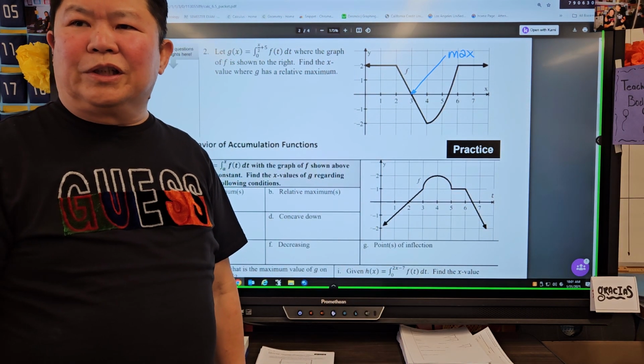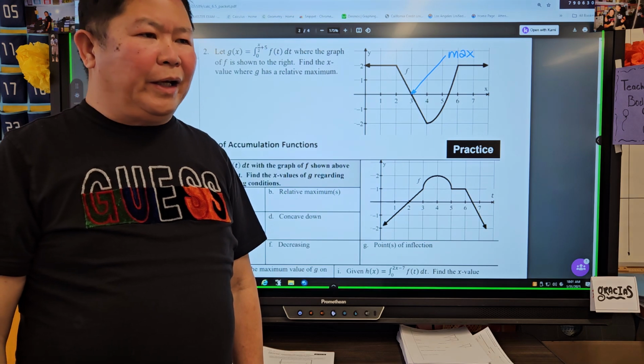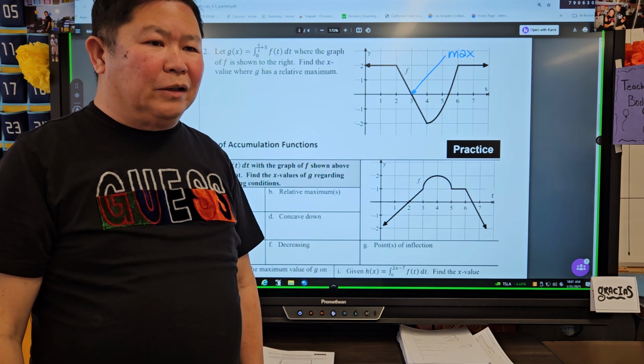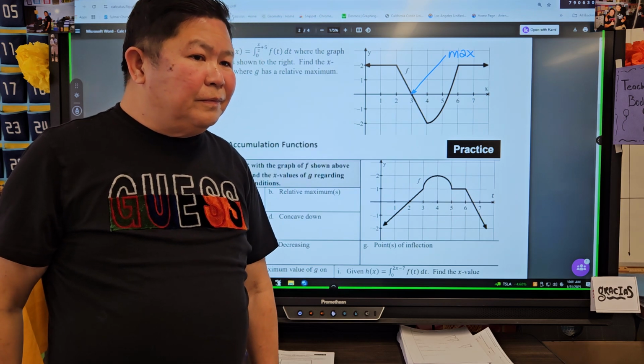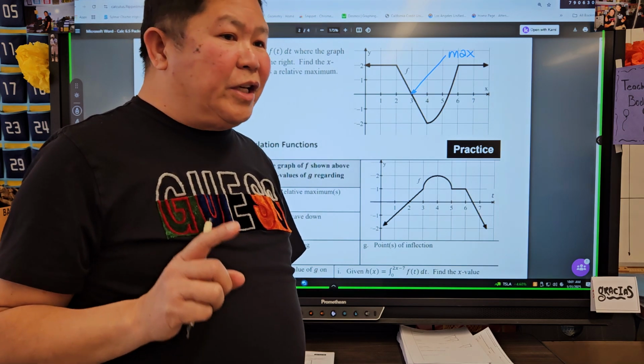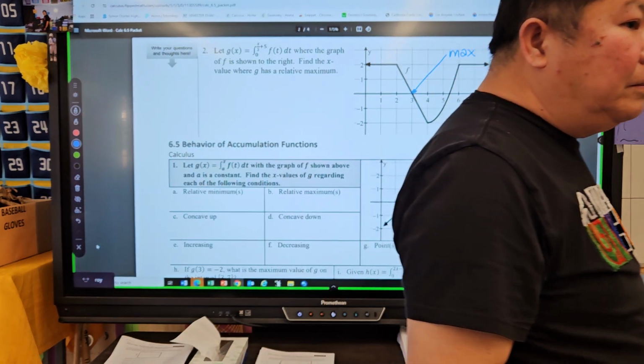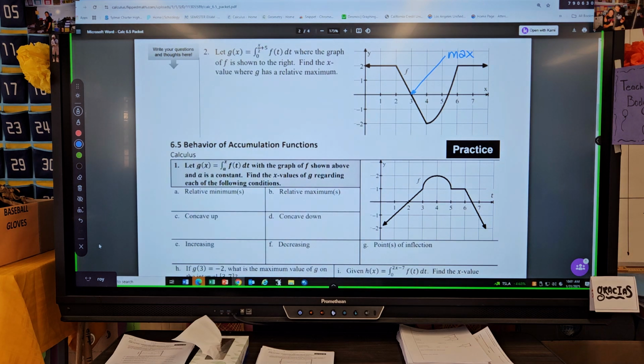Can you look at the table? What is relative max all about? When the sign changes from positive to negative. Correct. Now, I'll give you the idea.